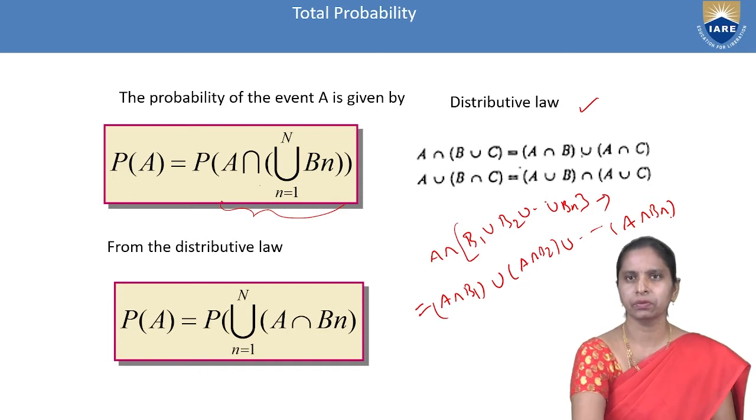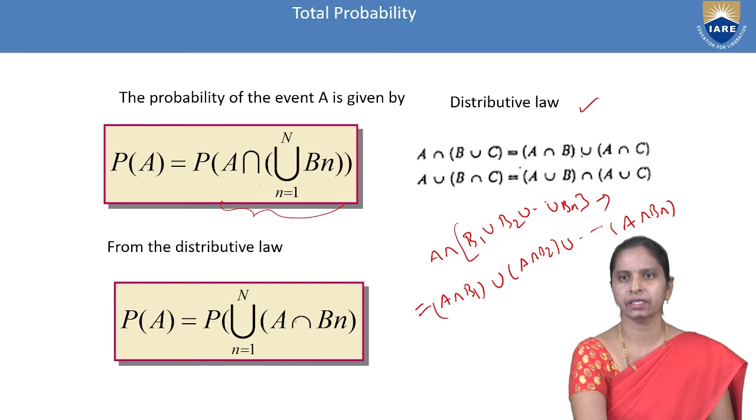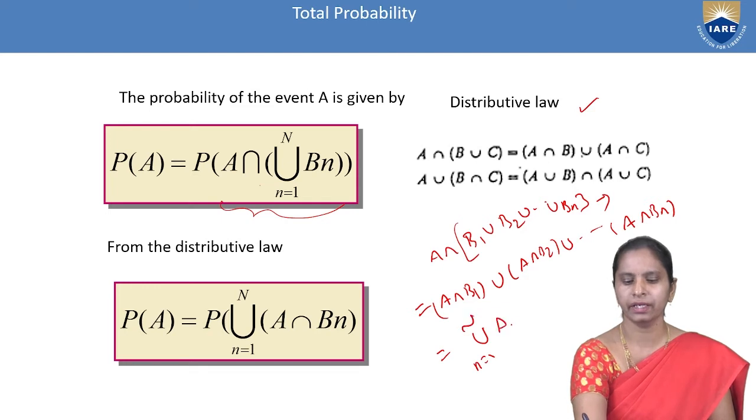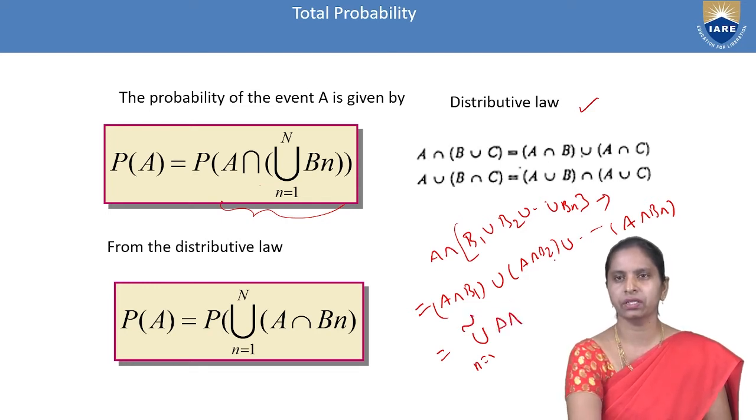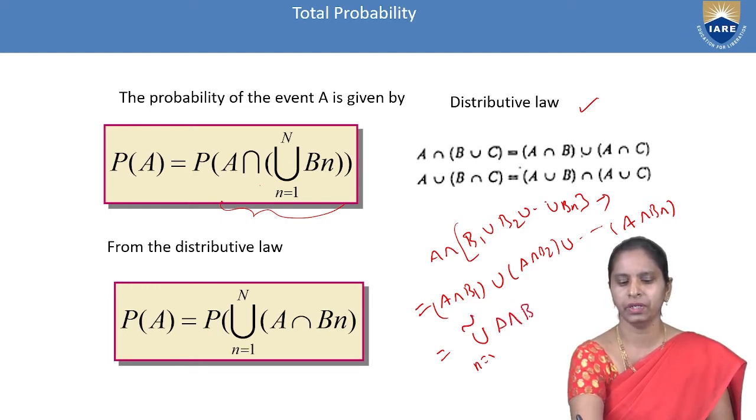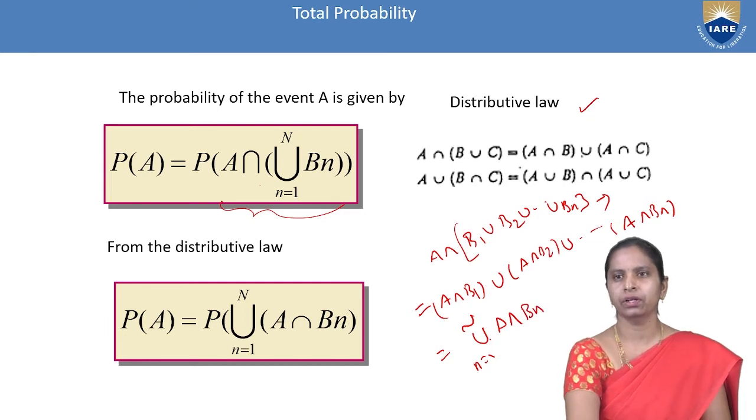Therefore, by using the distributive law, I can write P of A intersection union of n equals 1 to n Bn as P of union of n equals 1 to n A intersection Bn. See here, how can I write this? Union of n equals 1 to n A intersection B1, B2 and so on Bn. So, I can replace by Bn. So, union of n equals 1 to n A intersection Bn.